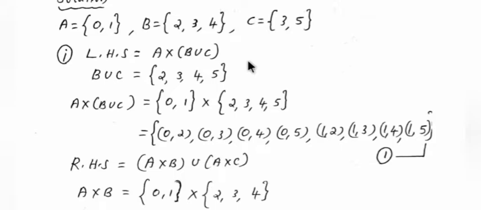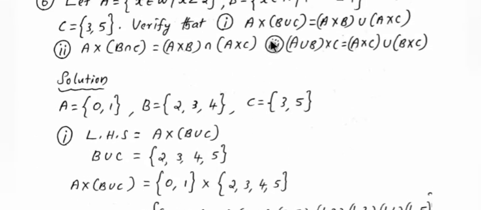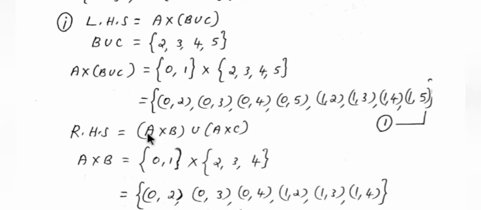Then take RHS. What is RHS? In the first one, this is RHS. Therefore, RHS is equal to (A × B) ∪ (A × C).